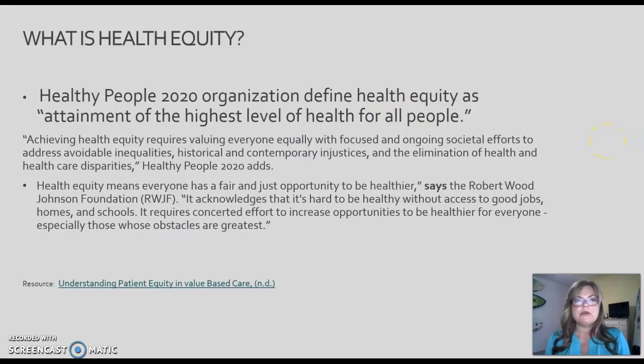So what is health equity? The Healthy People 2020 organization defines it as attainment of the highest level of health for all people. And throughout this module, we are going to be viewing several articles and resources that will help us to gain a broader definition and to really understand what health equity is.